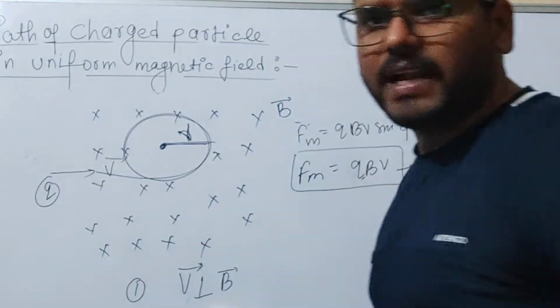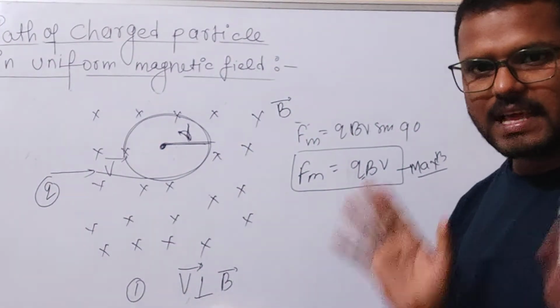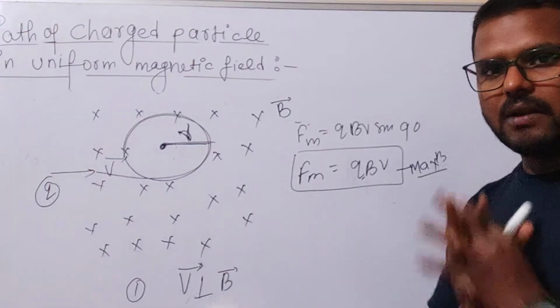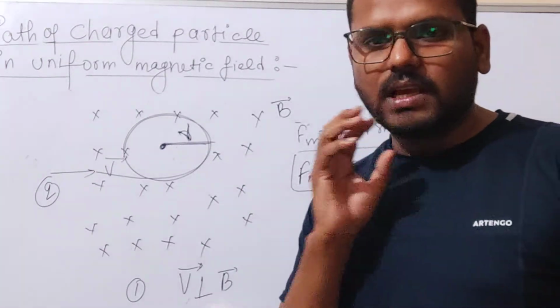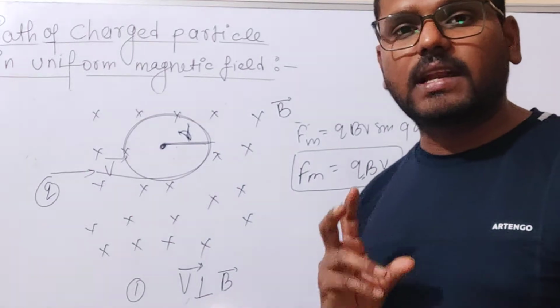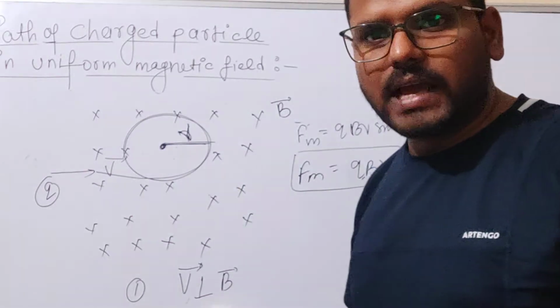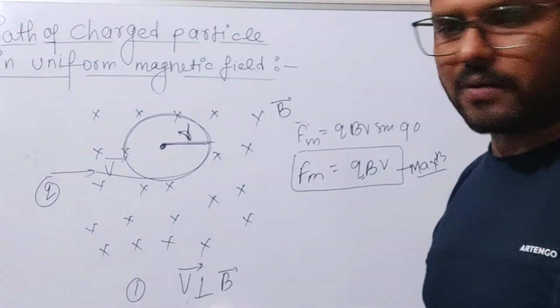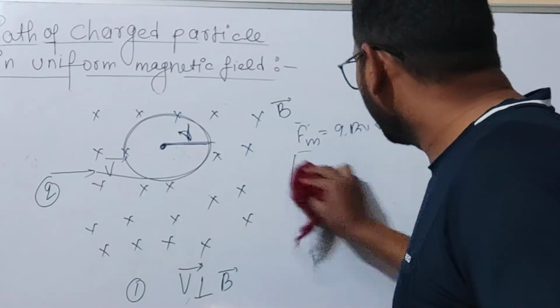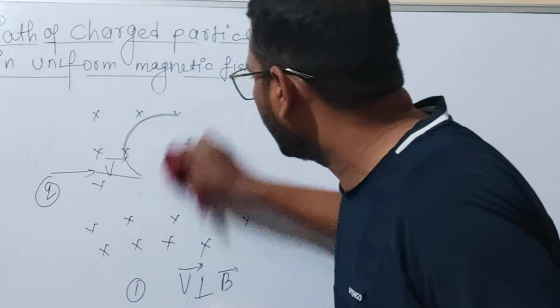I am taking the radius as r. Now we are going to find the radius, that is, how much radius it will acquire. So we are going to discuss this topic precisely.